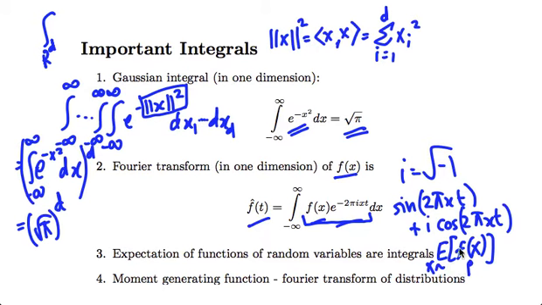And when I write the expected value of f of x, that basically stands for an integral, and we shall see that later on in the probability section of the tutorials. Another important case of integration in statistics is the moment generating function, which turns out to be the Fourier transform of distributions. And again, hopefully you shall see that in other more intermediate statistics courses.